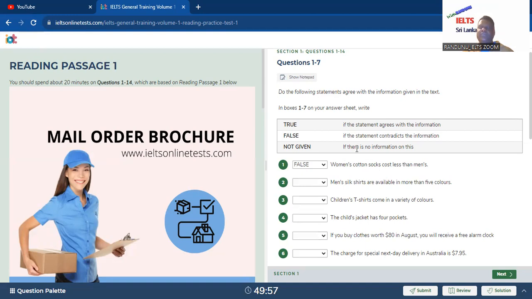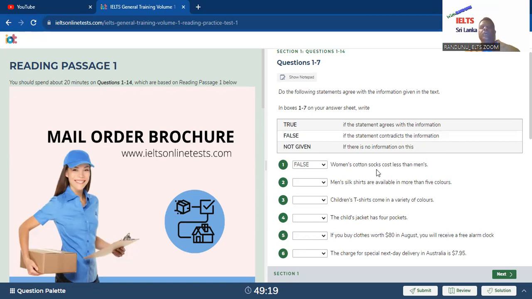Not given means if there is no information on this. Partially yes can also be considered as not given. So in true, false, not given, or yes, no, not given questions, true means the statement agrees with the information. False means the statement contradicts the information. Not given means the information for that is not available.